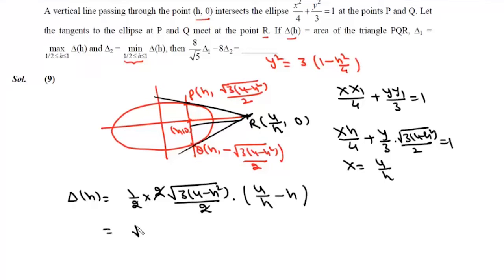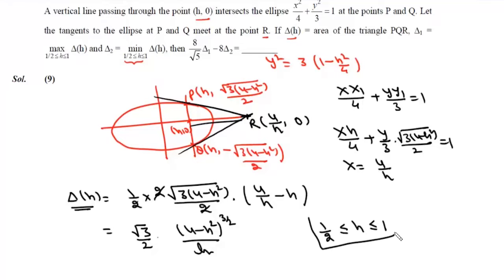We can write this as root 3 by 2, and it will be 4 minus h square to the power 3 by 2 upon h. Now we need to find the minimum and maximum value of this delta when the value of h lies between 1 by 2 and 1. So we need to find absolute maxima and minima for this function for the given values of h.